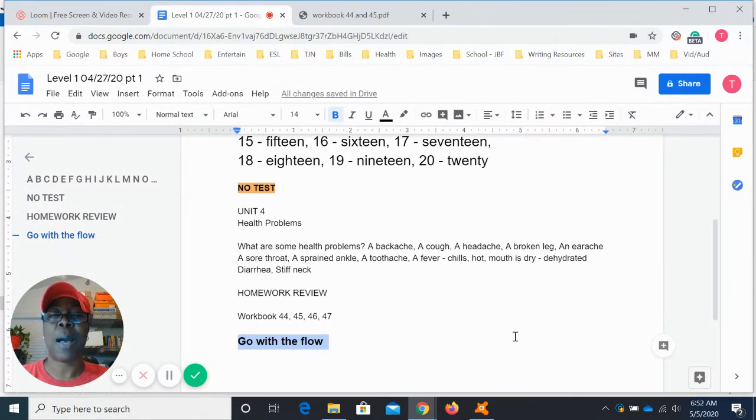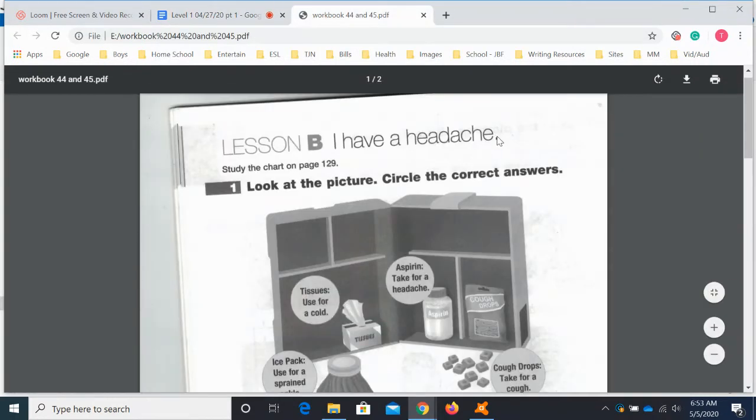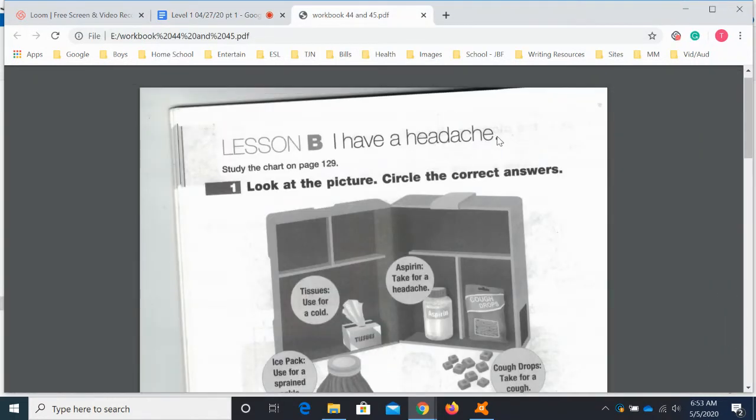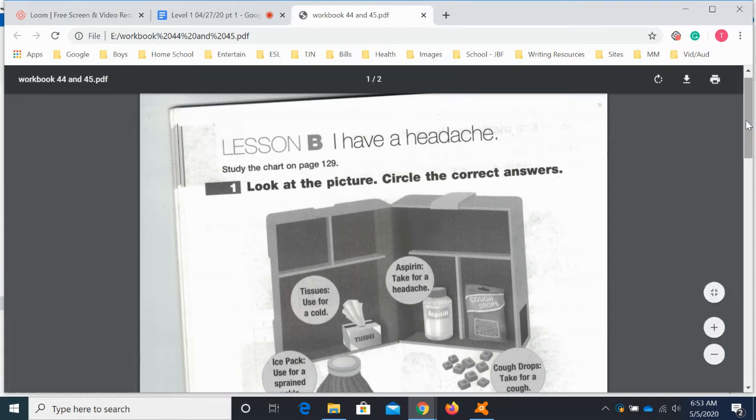It's like thinking about a river or water going down a river. And if a leaf from a tree falls on the water, the leaf goes with the flow of the water. It just goes in the same direction the water goes. So that's what it means to go with the flow. Just keep going in the direction that everything is going. Okay, so we're going to go with the flow, even though the paper is crooked.